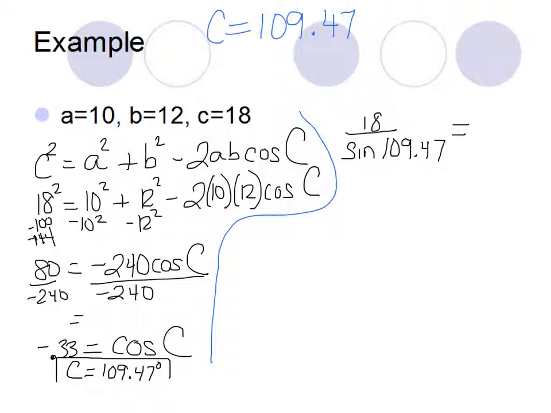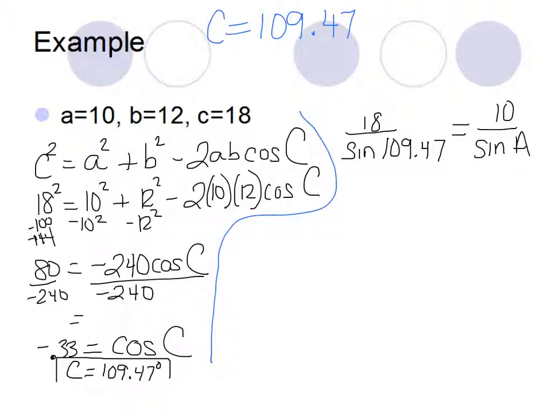Equals, and then let's say we're going to look for little a, or I'm sorry, angle A. So I'll put little a, which is 10, over the sine of angle A. Notice we're looking for the angle here, so we'll have to end up doing our inverse, but we're going to cross multiply, and we're going to divide by 18.